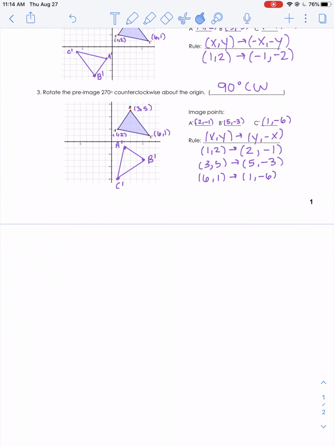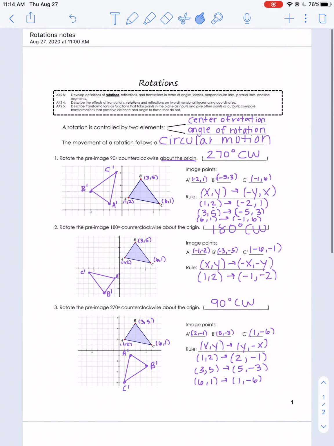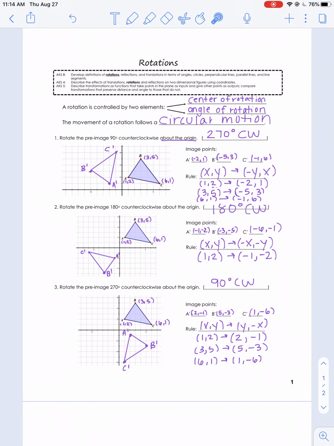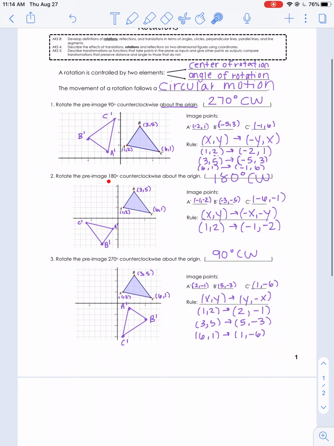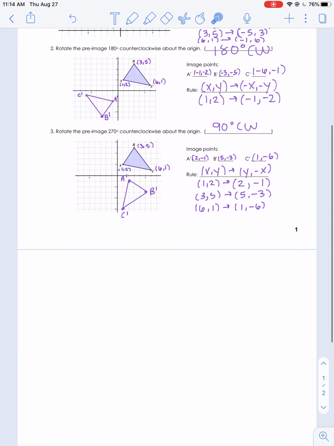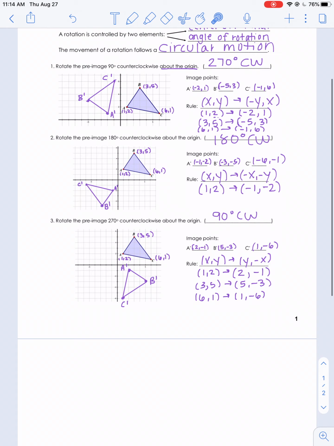And so those are the 3 common rotations you will need to know. Also notice the assumption is always going to be that we're talking counterclockwise. So we will almost always list them counterclockwise. And if for some reason the direction is not listed, it doesn't tell you clockwise or counterclockwise, we always assume that it's counterclockwise. Okay?